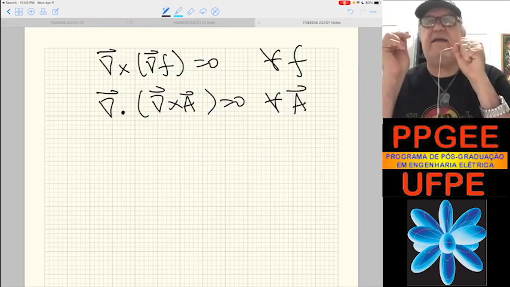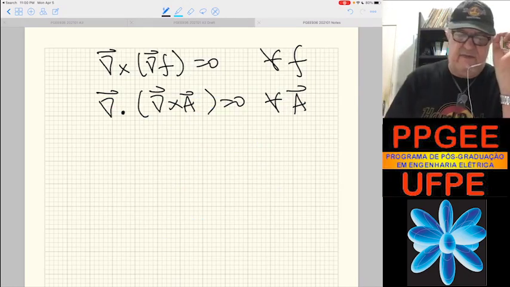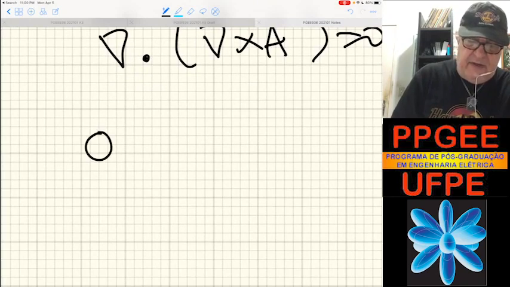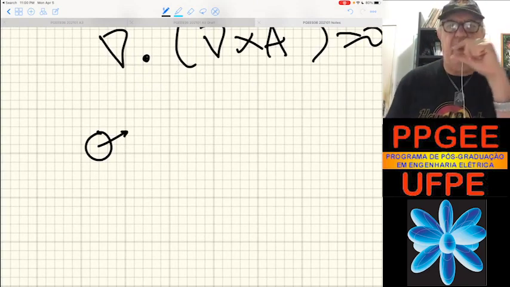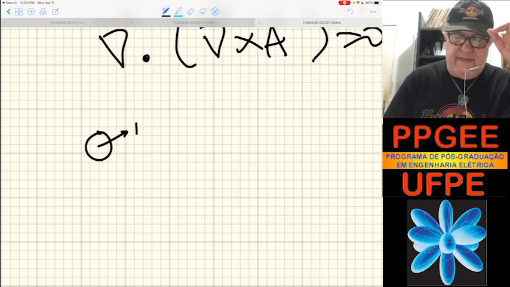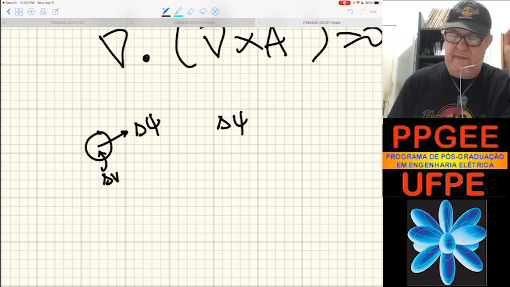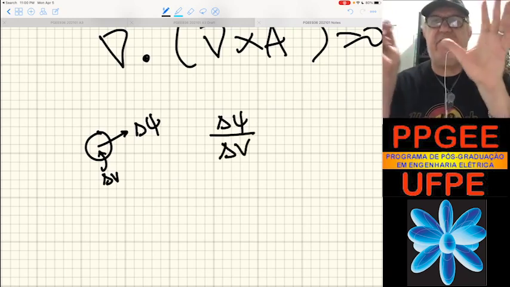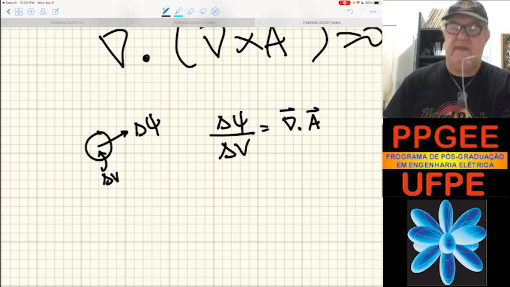Divergence is like calculating the microflux that comes out of a differential volume, right? I pick a differential volume here and determine the microflux. Let's say we calculate the amount of flux that comes out and divide by the volume, I have approximately, a very rough approximation if those things are small, of the divergence of the field, let's say A. Let's call it F, as we are doing in the class notes.